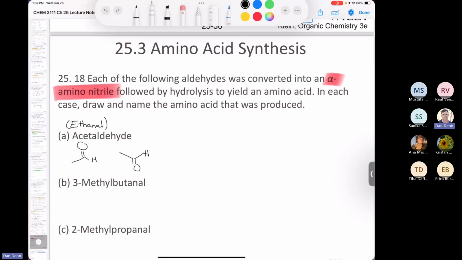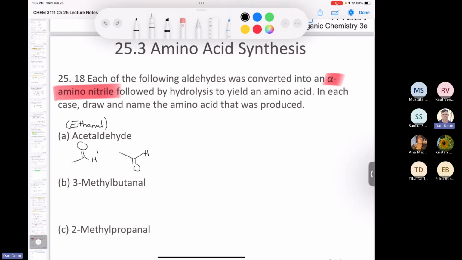So I'll just rotate 180 degrees, and you end up with the acetaldehyde like this. So step one is going to be to make the alpha aminonitrile. So we have ammonium chloride and sodium cyanide.